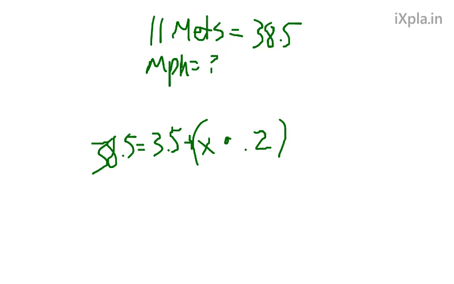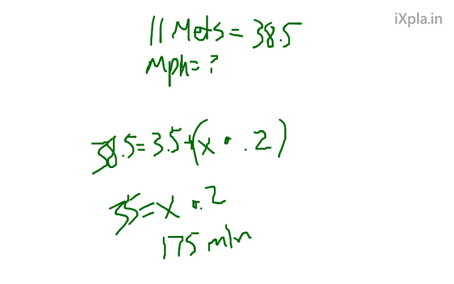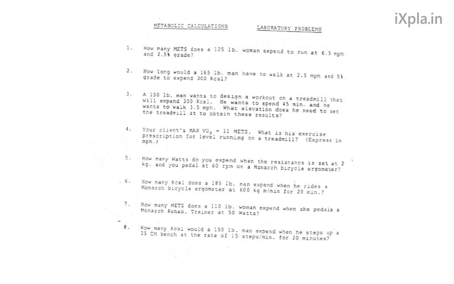Now you can just do 38.5 minus 3.5 to clear that. So it's 35 equals x times 0.2, you divide by 0.2, and 175, so 175 meters per minute. But the question is asking for miles per hour, so you divide by 26.8 and that'll be 6.5 miles per hour. That is the answer. Clear?